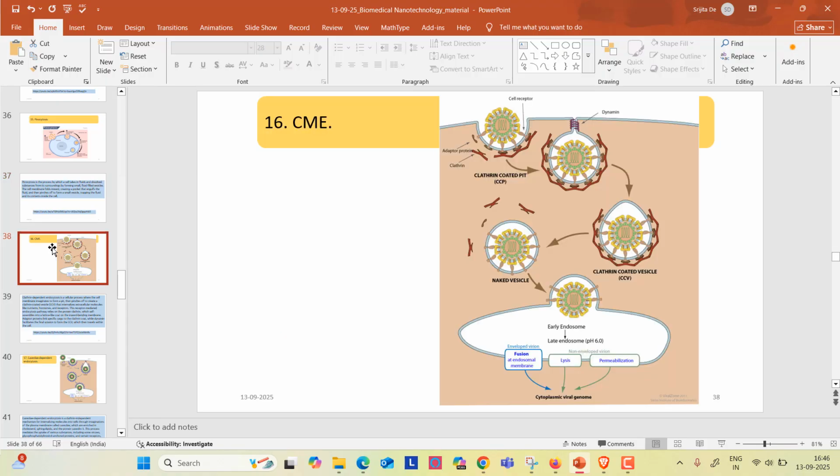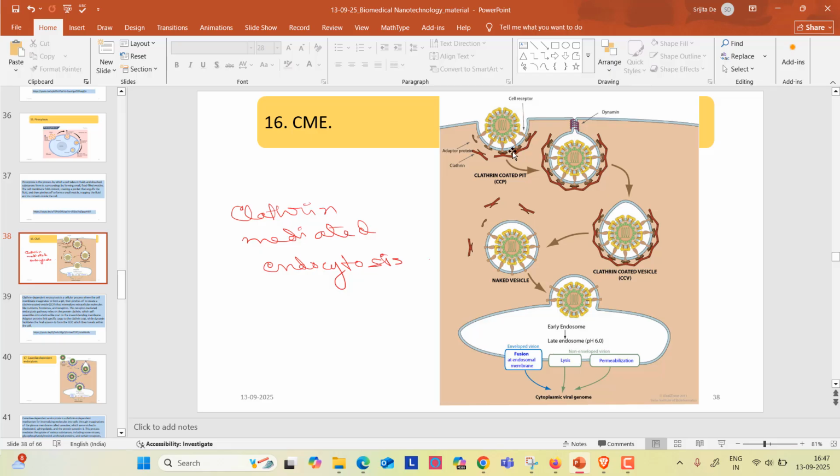Now come the different types of pinocytosis. This is CME, clathrin-mediated endocytosis. So here you can see the receptors, the cell receptors, and the particle is coming.